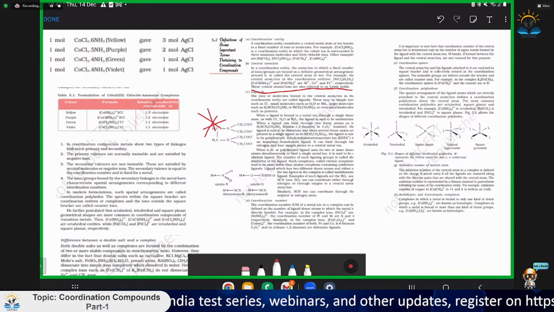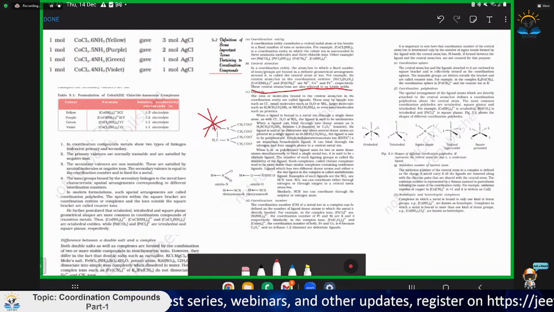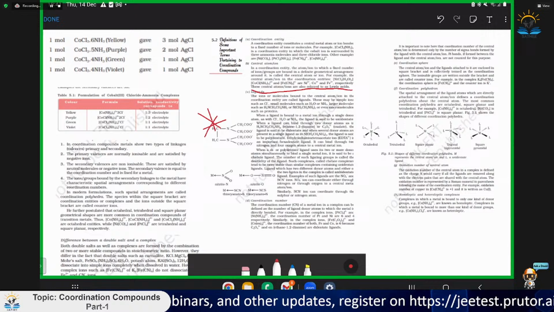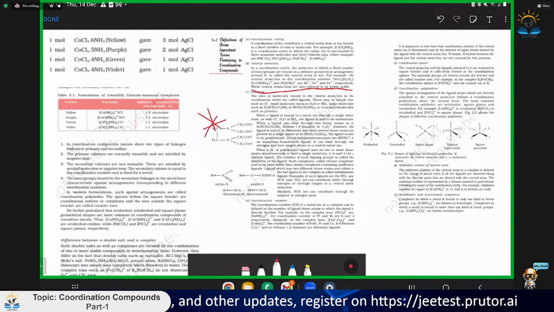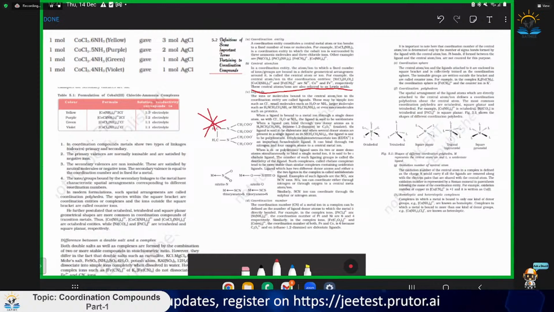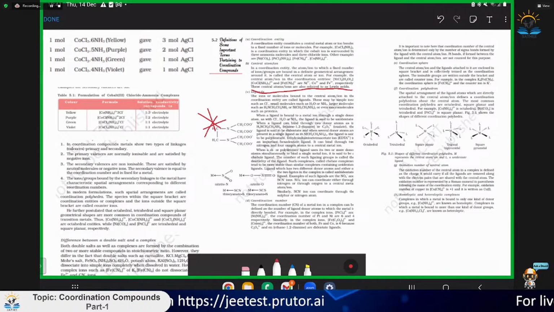There are usual conventions. Some ligands are considered strong field, some are considered weak field. Homoleptic and heteroleptic complexes. If the donors are only one, if the ligands are only of one kind, then it's homoleptic. Otherwise, it's called heteroleptic.